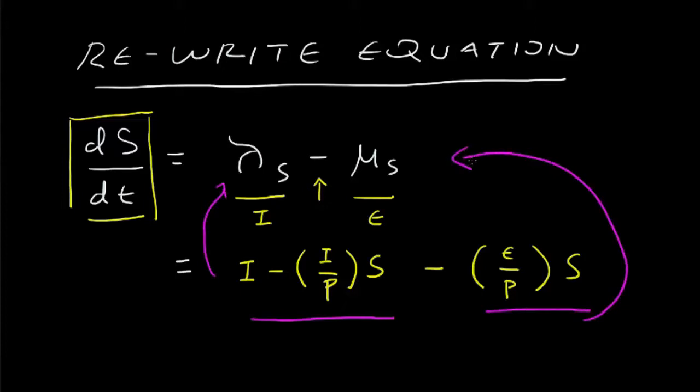So why might we do this? Well, if we make these substitutions, then we can use this new equation to estimate species richness at equilibrium. Okay? So the number of species on the island we expect to be consistent from one year to the next.